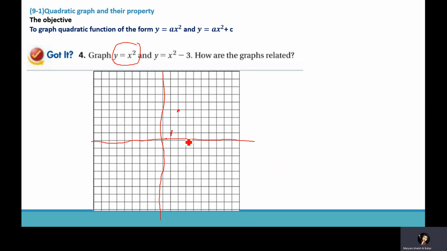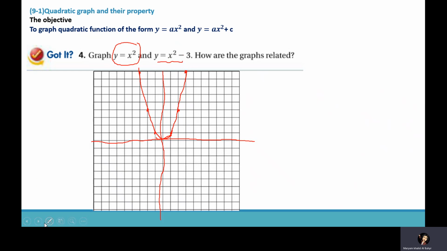And so on, 3 and 9. So this is the basic graph. I will reflect them. So this is the graph for this one. Now, what is the graph for this one?